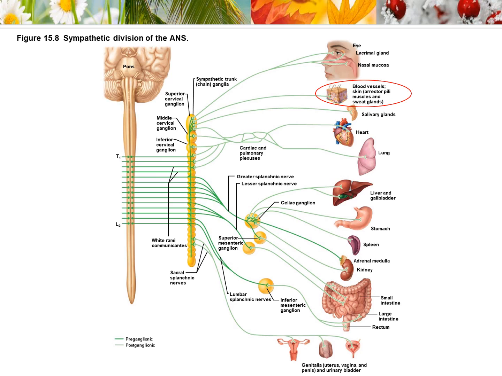Just for an example, I circled the skin over there. That might be the skin of the head, and you need to go up into the cervical region before you synapse on that sympathetic trunk ganglion. And then you can see those collateral ganglia down in the abdomen region. We'll talk a little bit about those as well.